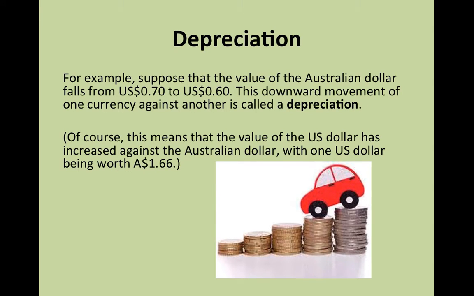So for example, suppose that the value of the Australian dollar falls from US 70 cents to US 60 cents. This downward movement of one currency against another is called depreciation. Of course, this means that the value of the US dollar has increased against the Australian dollar, with 1 US dollar now being worth $1.66.